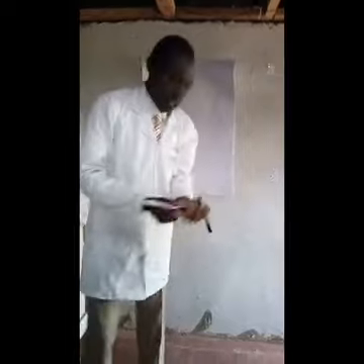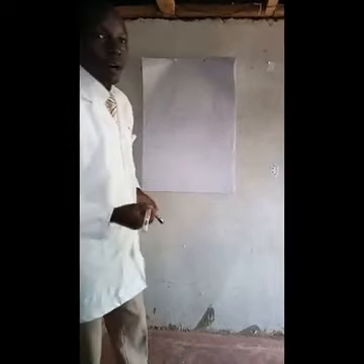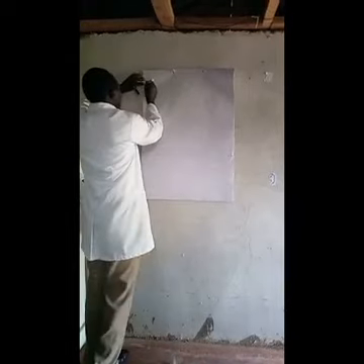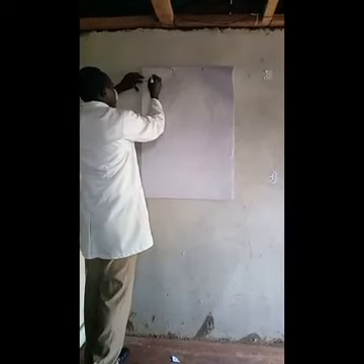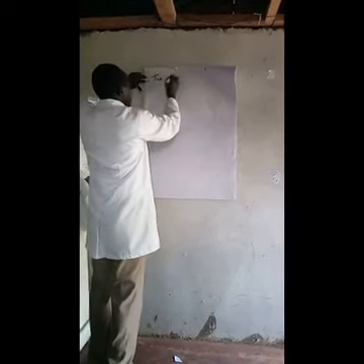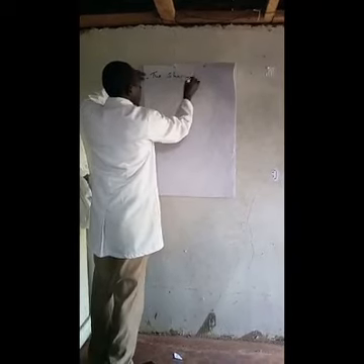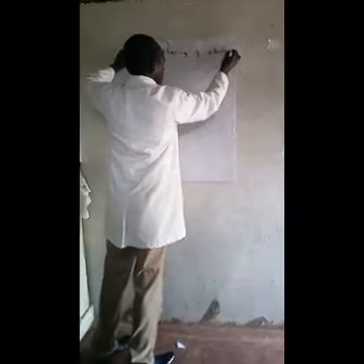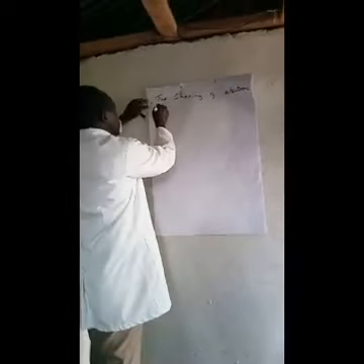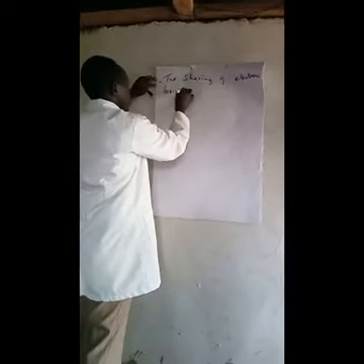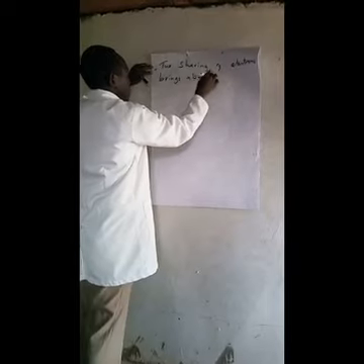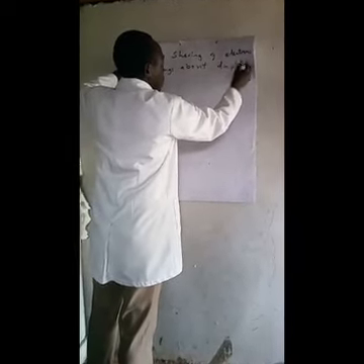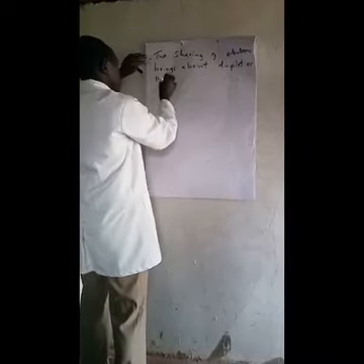Of course, we mentioned in our introduction that the sharing of electrons brings about a duplet or octet.